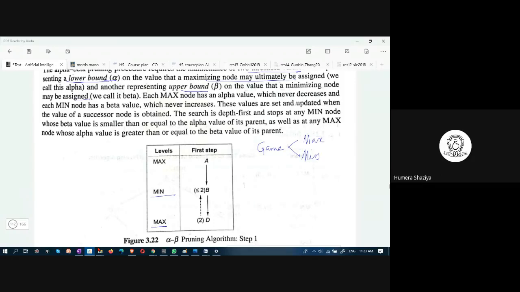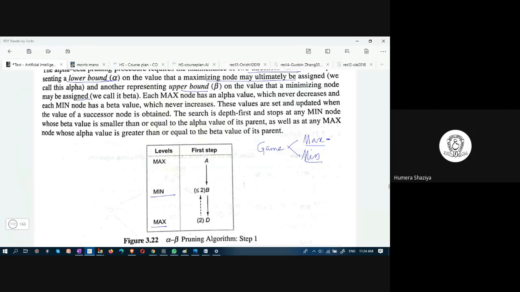The max player's goal is to maximize his score. What is the min player's goal? Minimize the maximum value, ma'am. Yes, minimize the value that max chooses. That is min's goal.